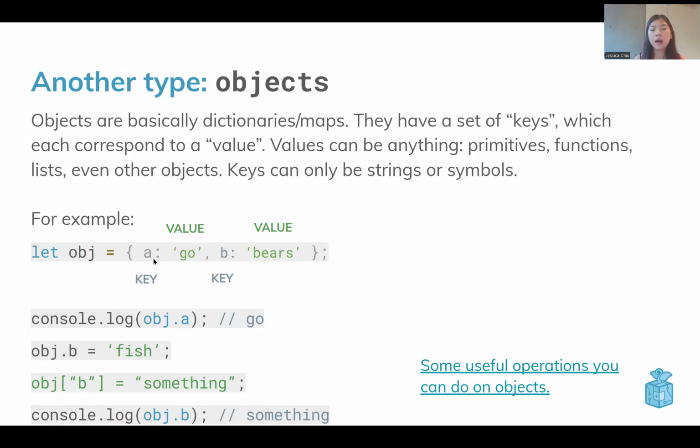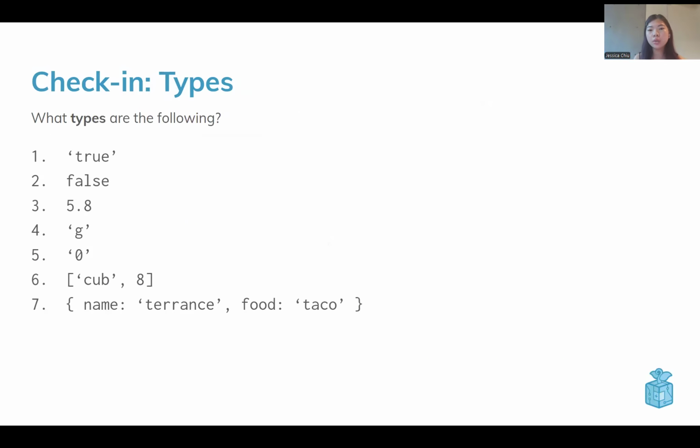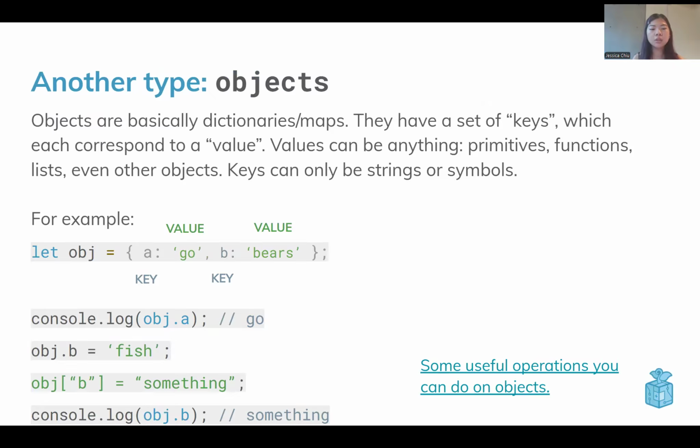So if you want to access one of the values corresponding to these keys, you can use dot notation. You can see here we did the name of the object, dot, and then the name of the key. In this case, this is how we access it using the symbol notation. But we can also access things using quotes.